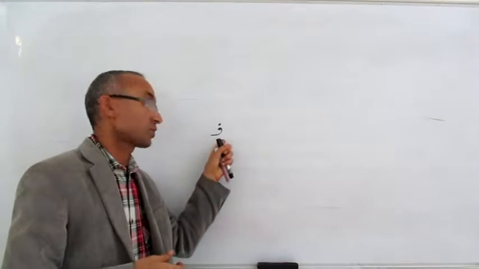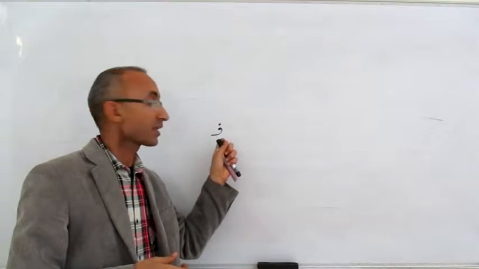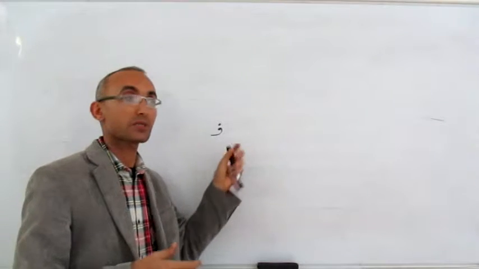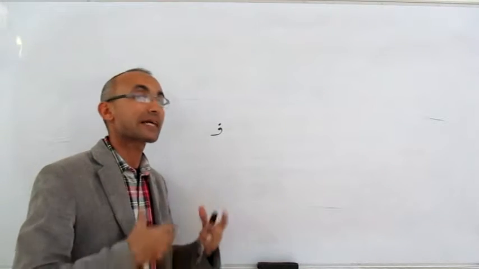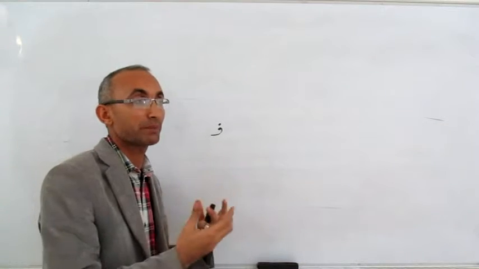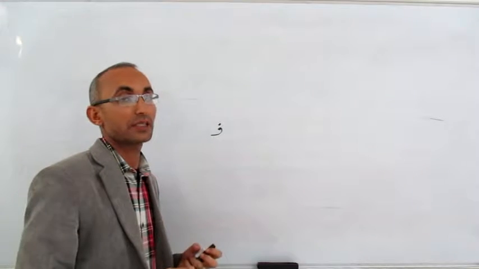However, the pause of the semicolon is stronger than the pause of the comma. That's why we can say that the semicolon comes in a mid position between the full stop and the comma.